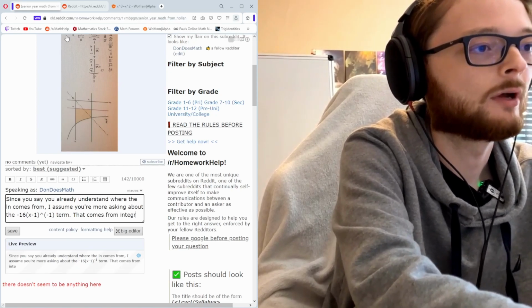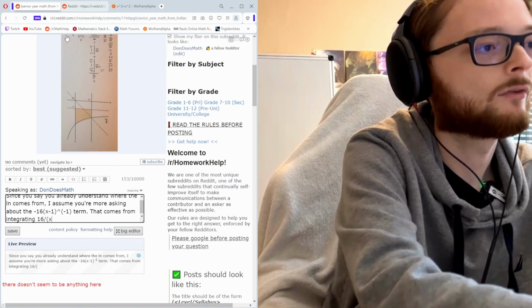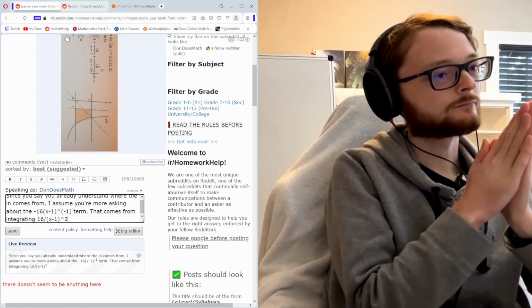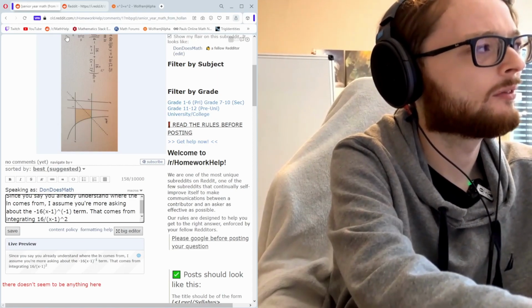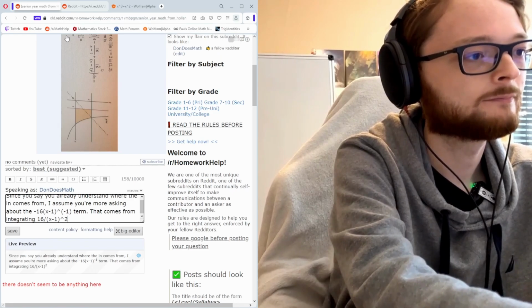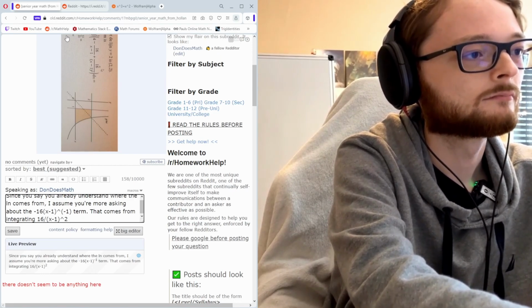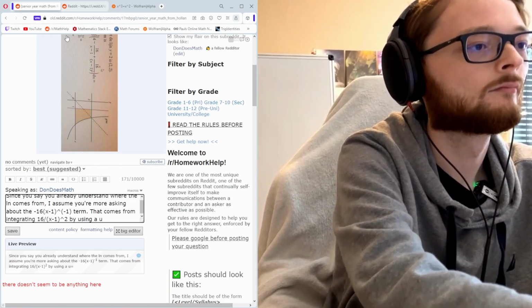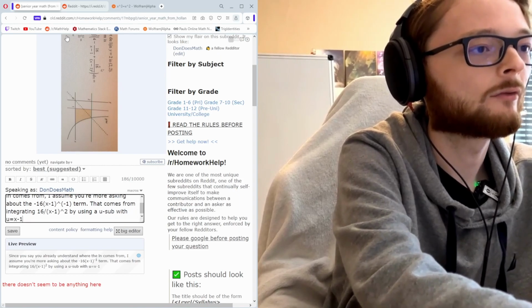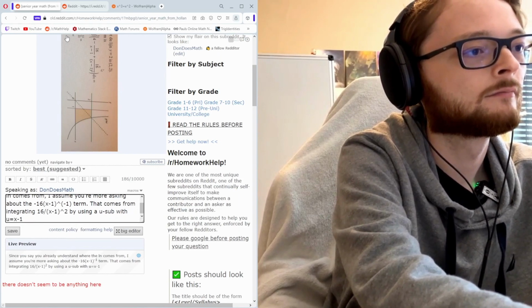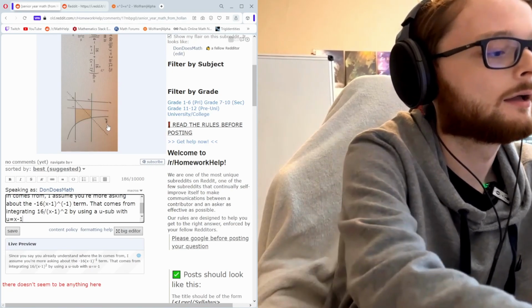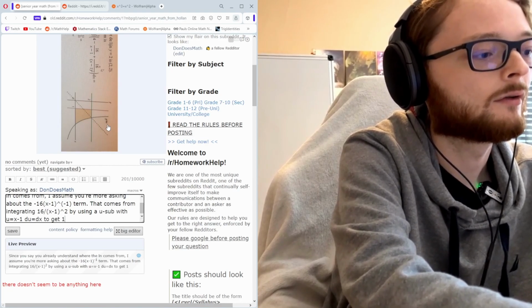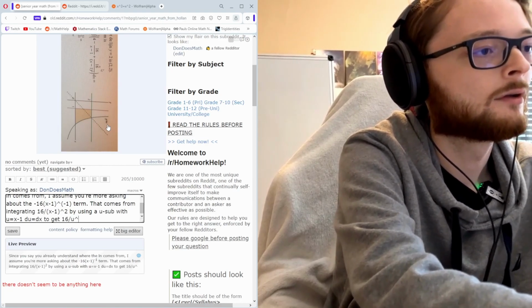That comes from integrating 16 over x minus 1 squared. So I'm going to explain this the long way, using a u-sub, with u equals x minus 1. du equals dx to get 16 over u squared.